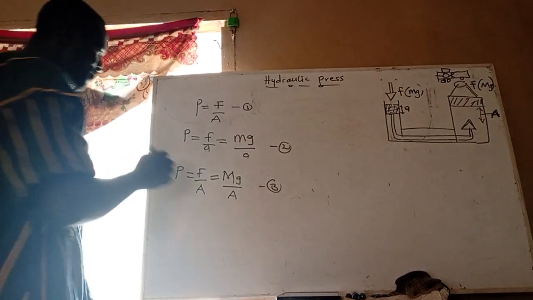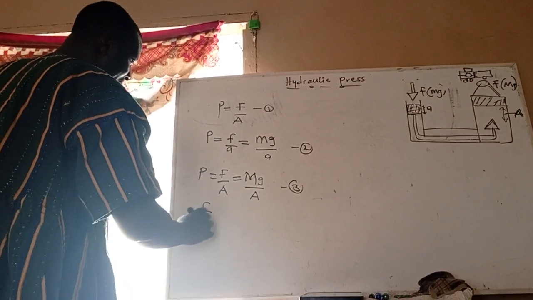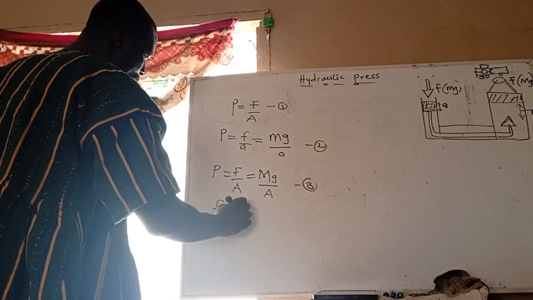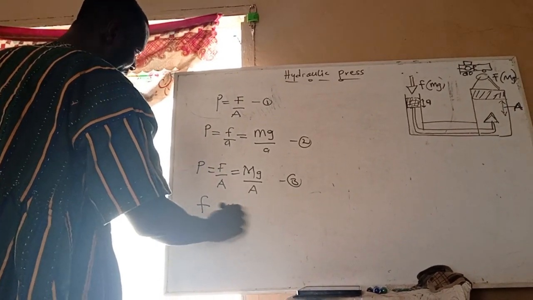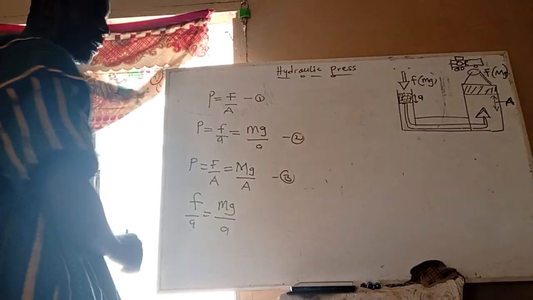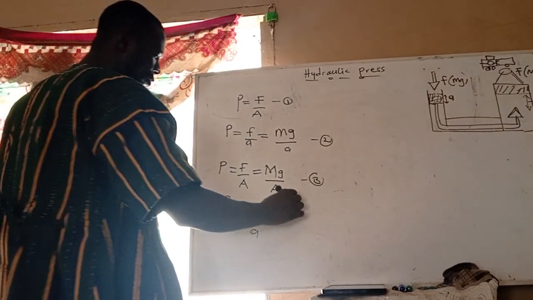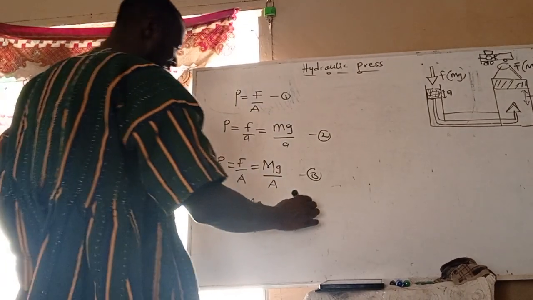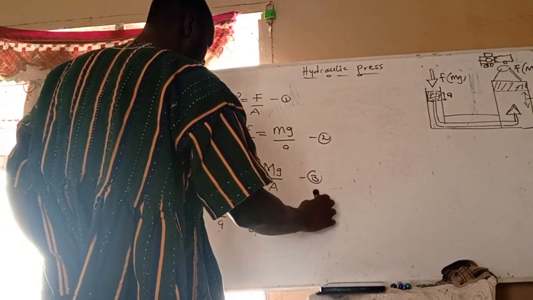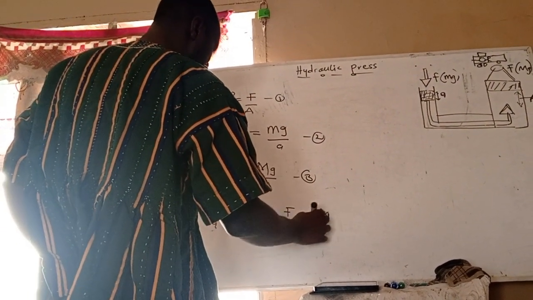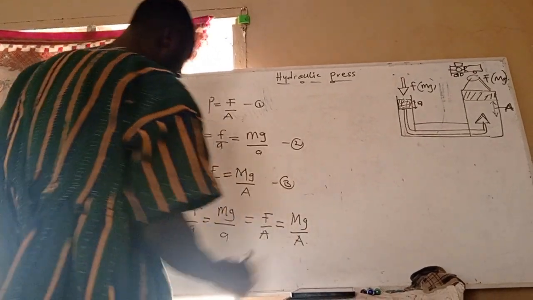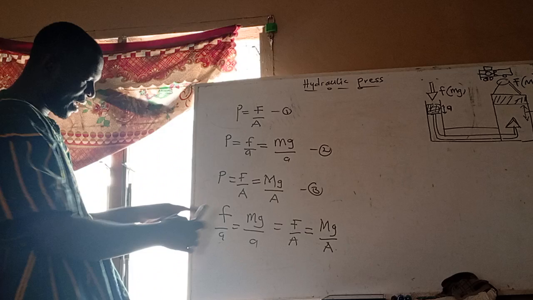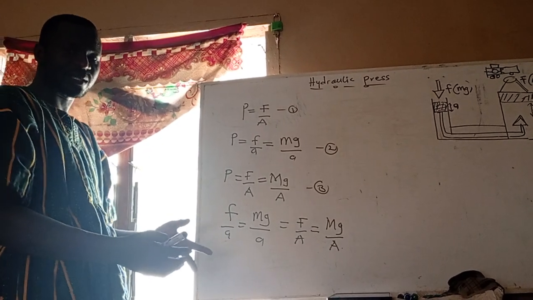We can equate equation 2 and 3 together. So we have small f against small a, equal to small mg against small a, and that is equal to capital F against capital A, which is equal to capital Mg against capital A. From here, we can group like terms.